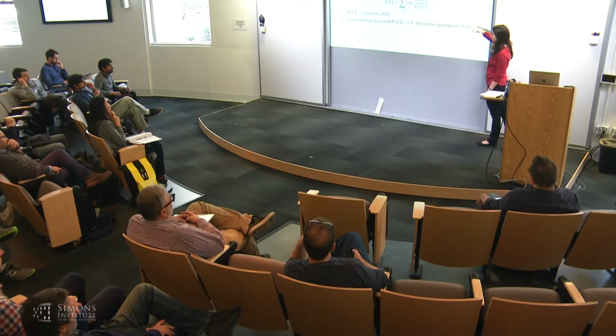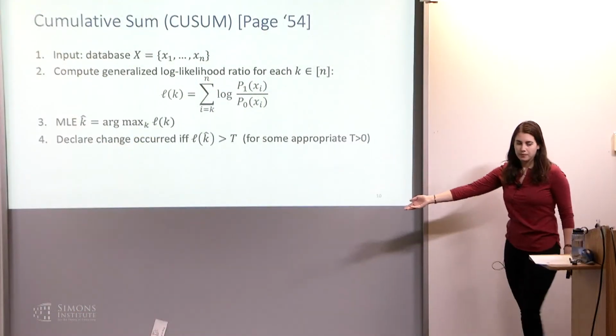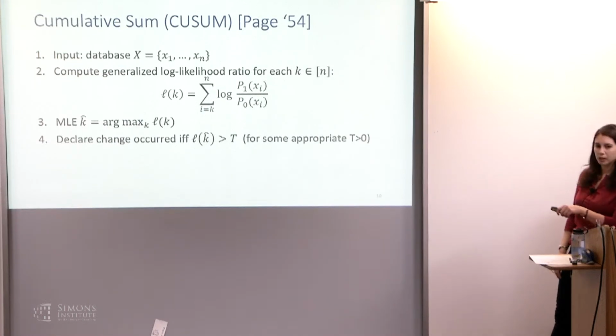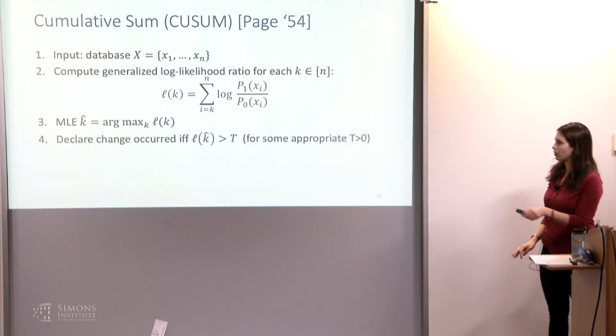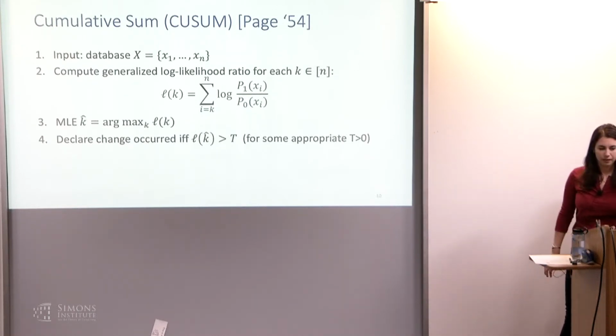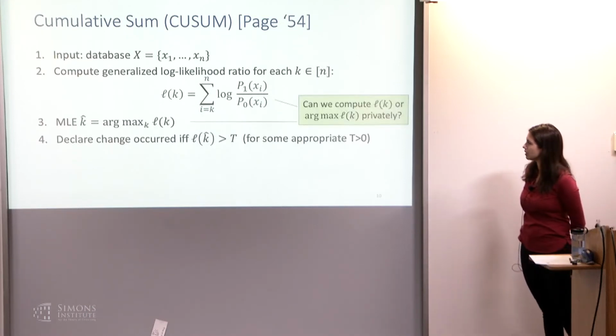And then you say that a change occurred if we had likelihood above some appropriately chosen threshold based upon p0, p1, and n. And so that's how you handle things if you don't care about privacy.